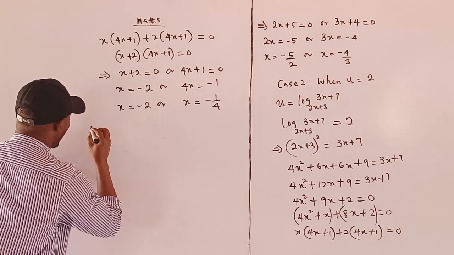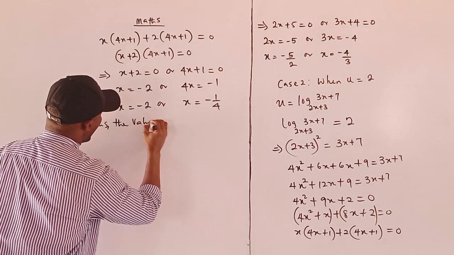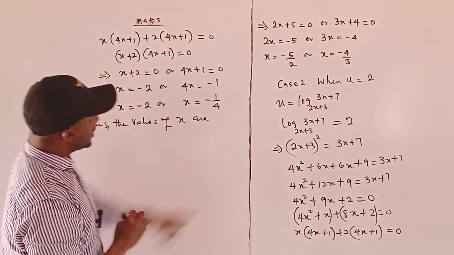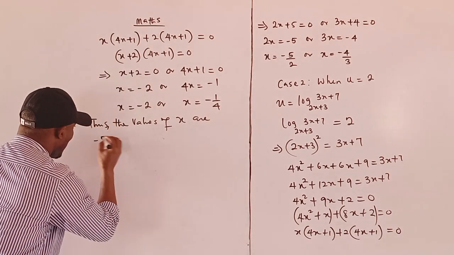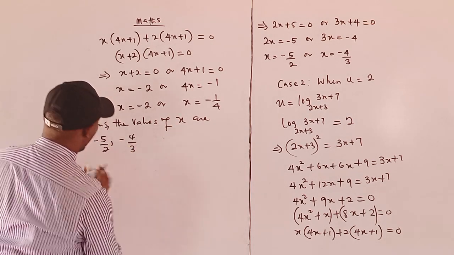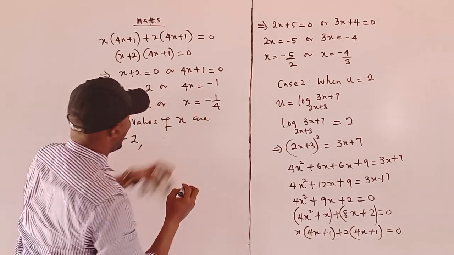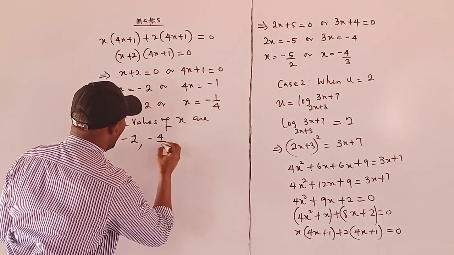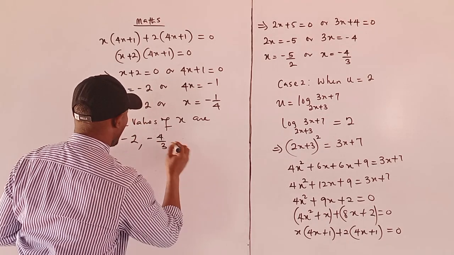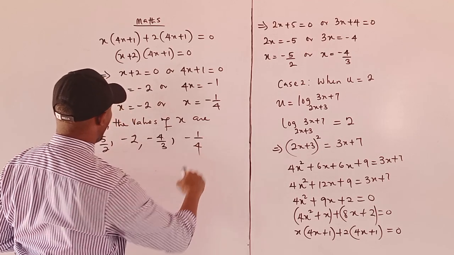Thus, the values of x, starting with the most negative, are -5/2, -4/3, -2, and -1/4.